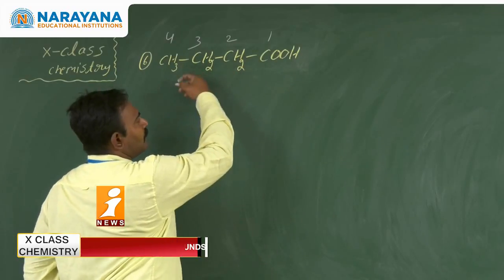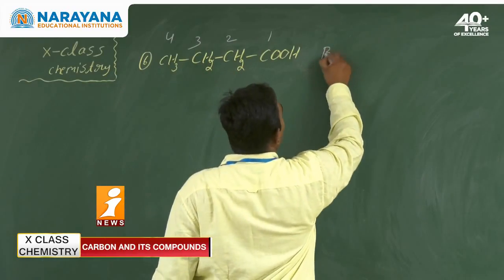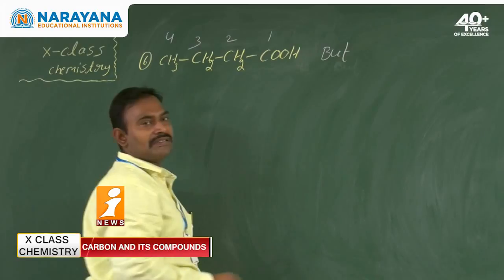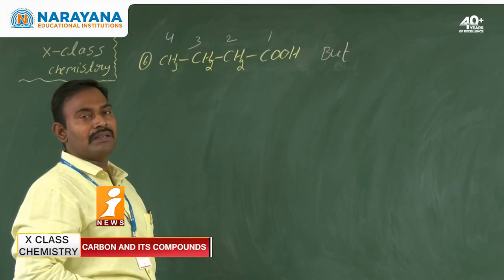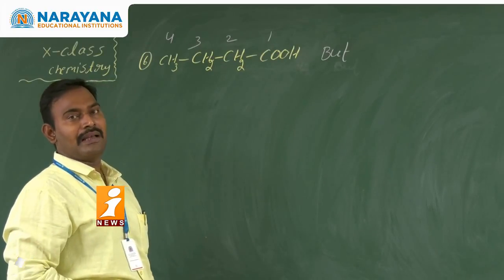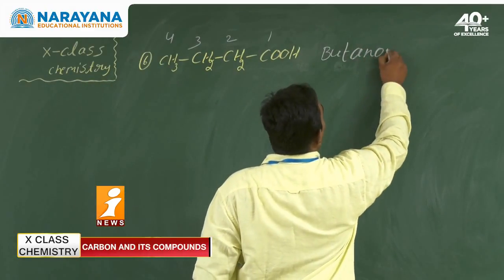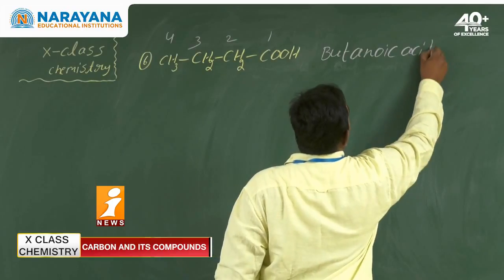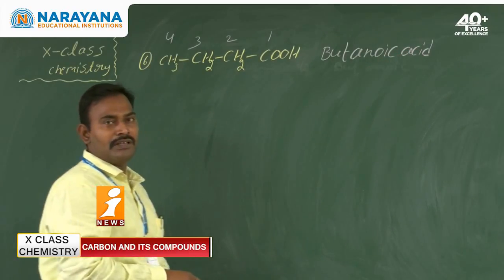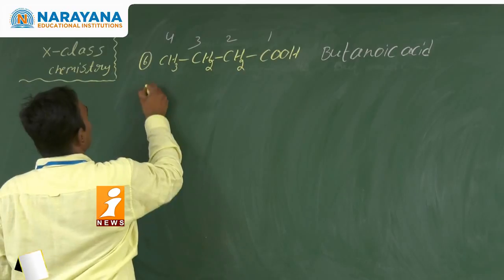So total carbons are 4. What is the root word? But. What is the primary suffix? An. And what is the secondary suffix? Oic acid. So the name of this compound is butanoic acid.